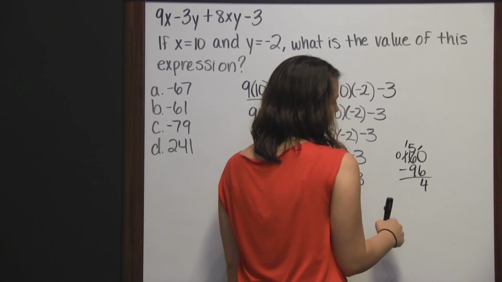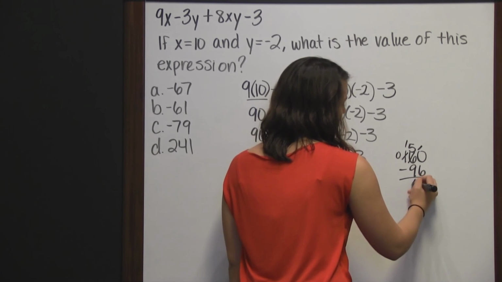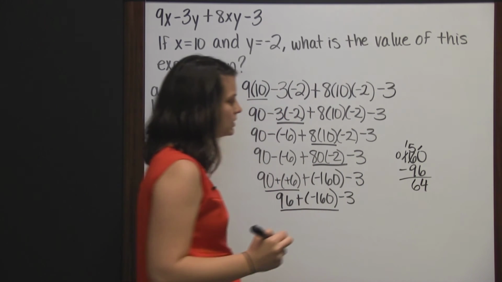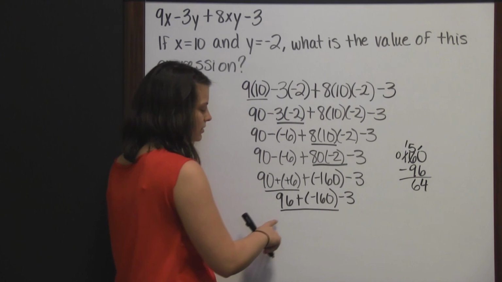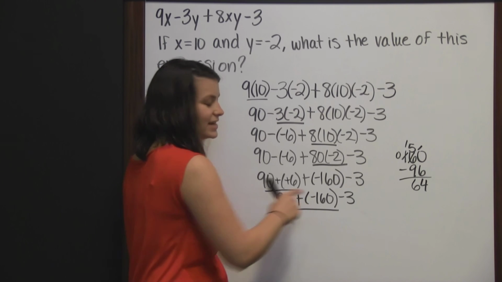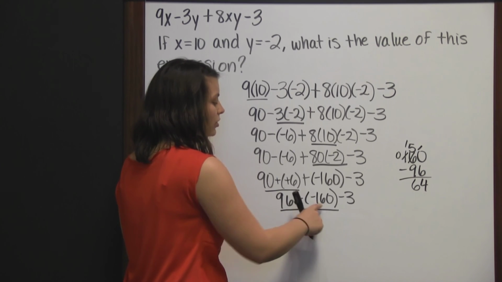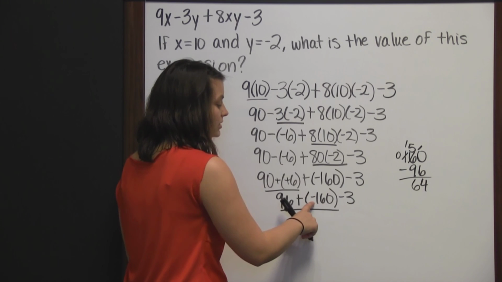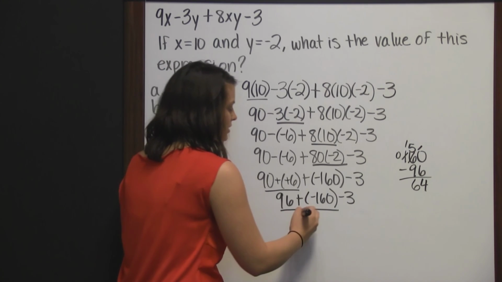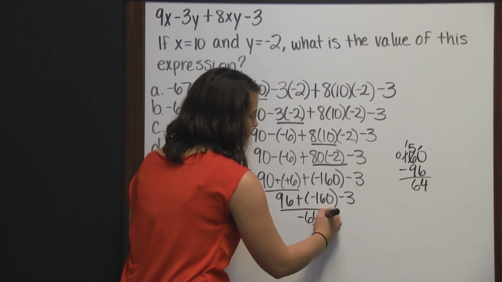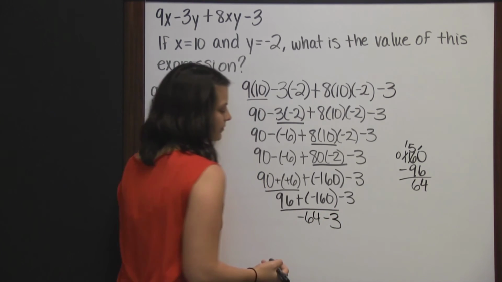So I have 15 minus 9 is 6. So 160 minus 96 is 64. And it's going to be a negative 64 because 160, or negative 160, has a larger absolute value than 96 does. So negative 64 minus 3.